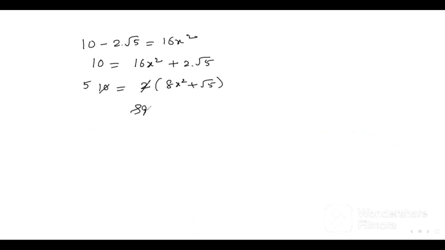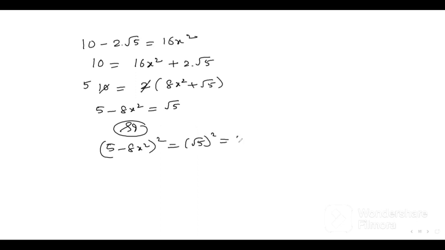Okay, again squaring on both sides. So 5 is equal to 8x square plus root 5. Just 1 minute. Here 5 minus 8x square is equal to root 5. We are now squaring on both sides. 5 minus 8x square whole square is equal to root 5 whole square, it will become 5.